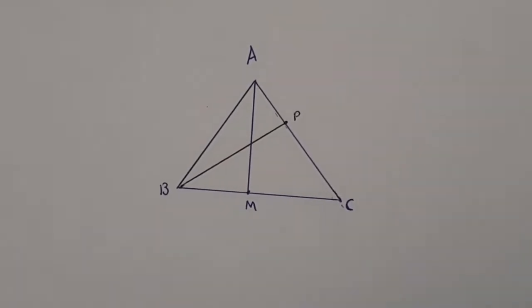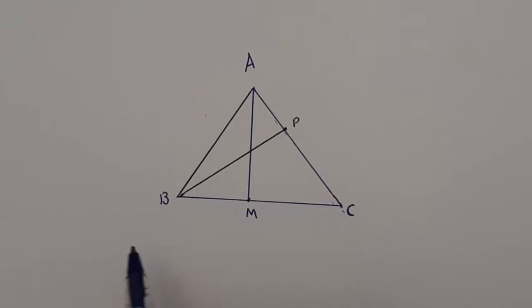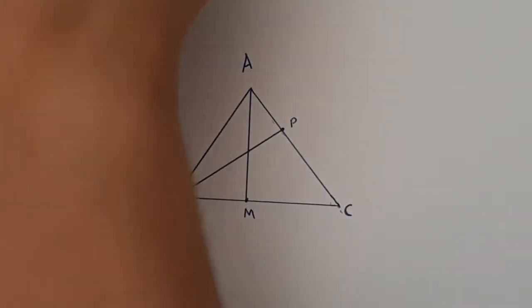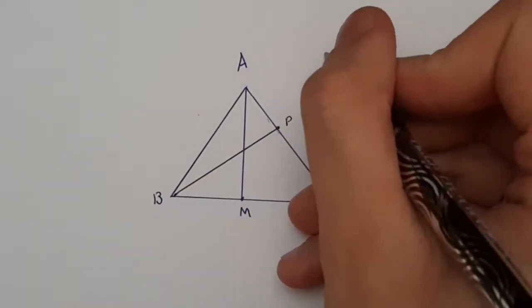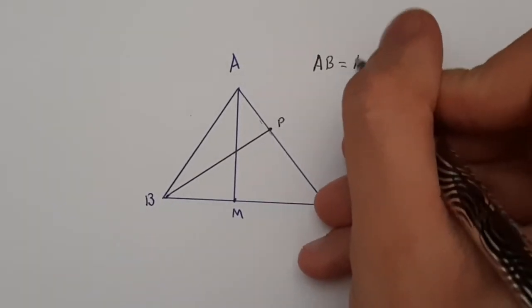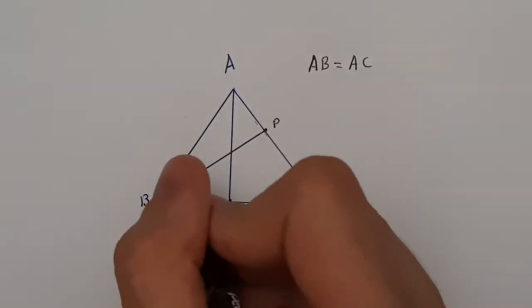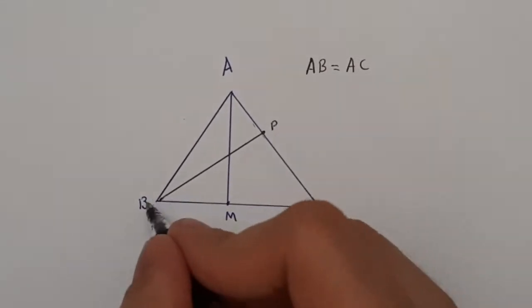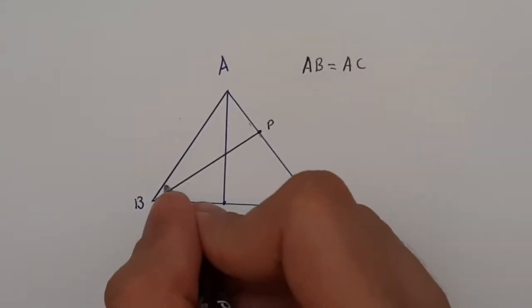So he gave us this triangle over here, and he told us that AB is equal to AC, and BP is the bisector of this angle.